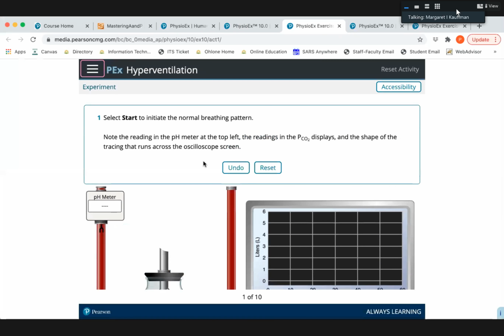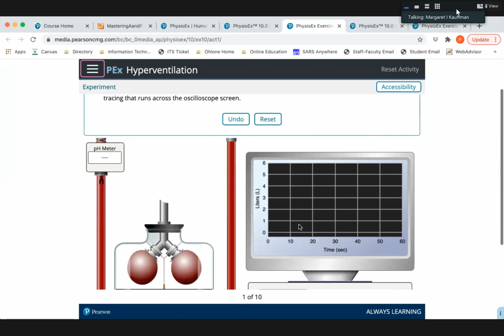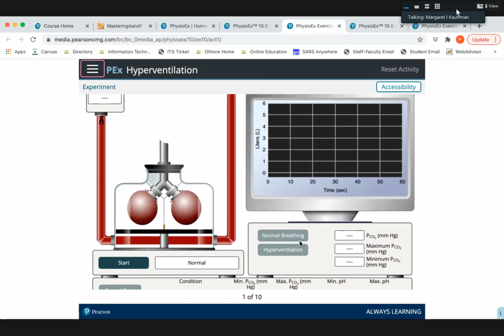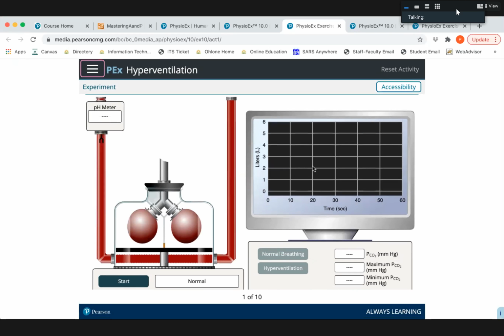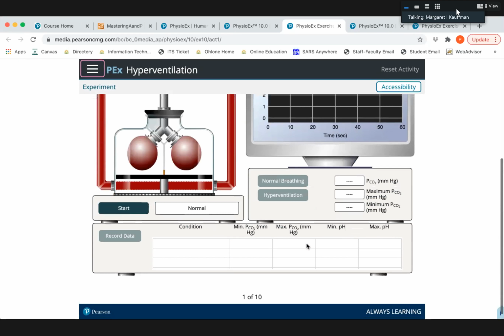So like before, you'll walk through this, and it allows you to change their type of breathing, their patterns of breathing. And these are the little lungs here. And then it records the pH, and as you'll see down here, it records their CO2 levels.